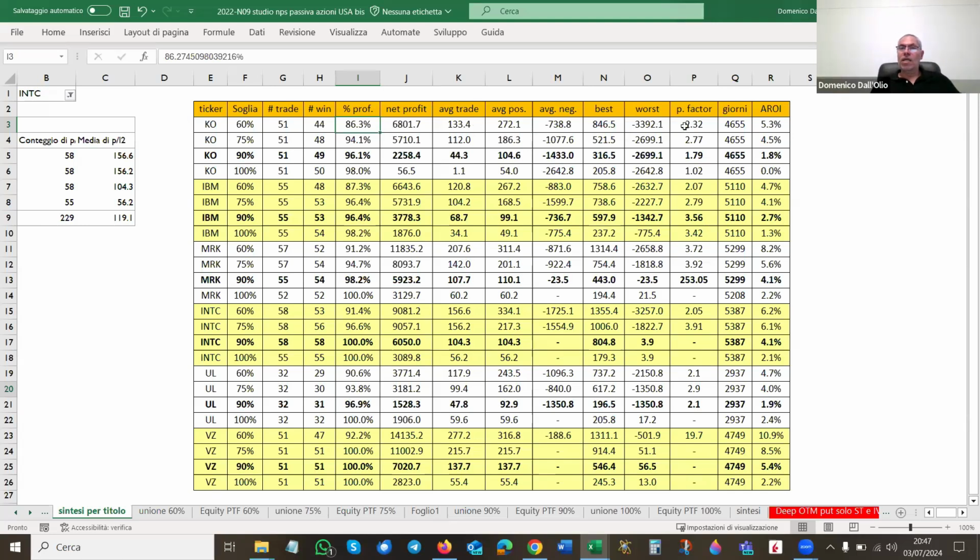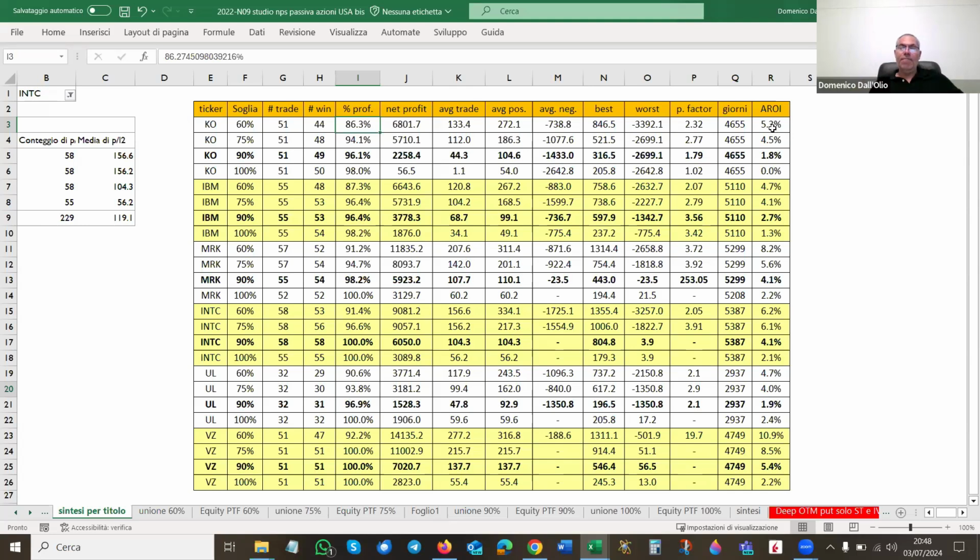Profit factor is the sum of all the profits divided by the absolute value of the sum of all the losses. Then the total number of days analyzed, and the annualized return on investment, based on an initial margin assumed to be half of the value of the position.